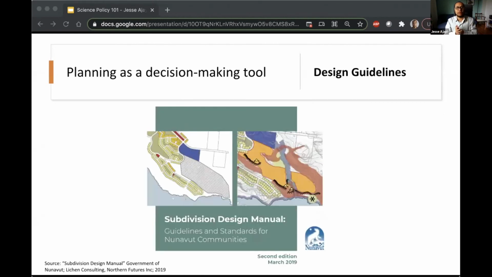So I want to talk for a minute about design guidelines. I mentioned earlier, this is the manual that I had a chance to update a couple of years ago. I sort of think of it as like a DIY manual. And so we were asked to update this to include best practices around climate change and climate resilience. And so we drew from the NISI standards, Northern Infrastructure Standards Initiative, something along those lines.